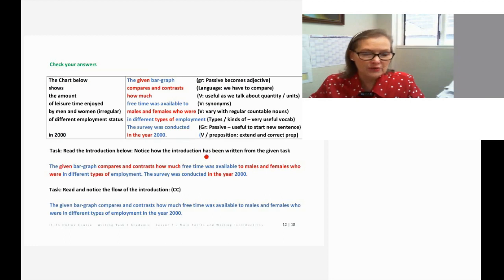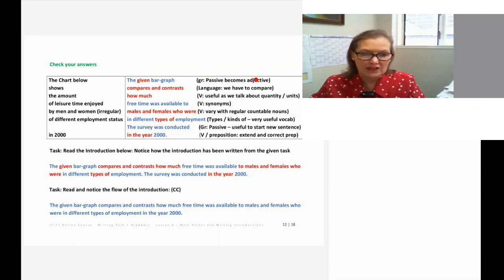And then shows. Again, there are many ways that you could say this. You could say shows. You could say the given bar graph compares and contrasts. And then we're being very specific. We're being very clear in what we're going to do with this information. We're going to compare and contrast.